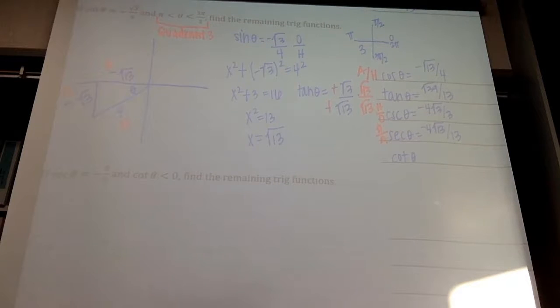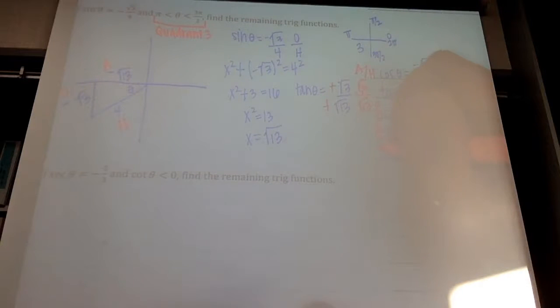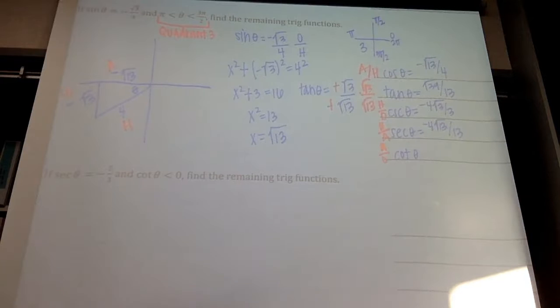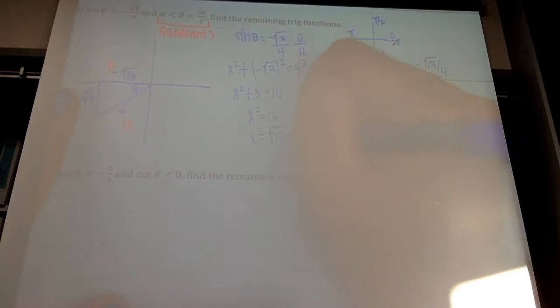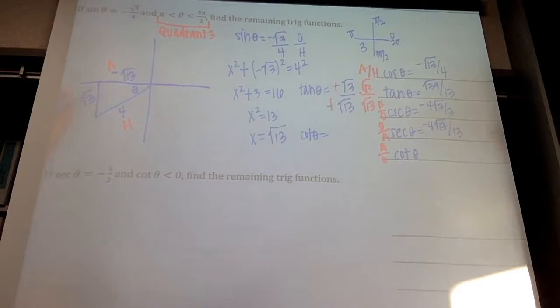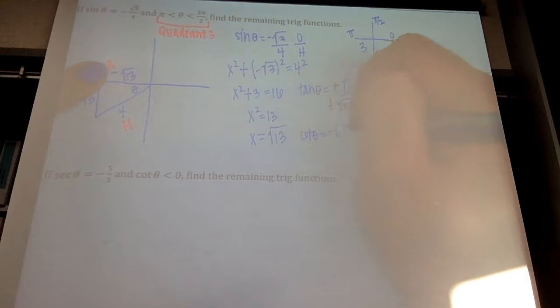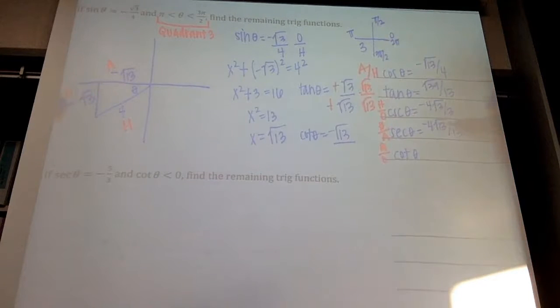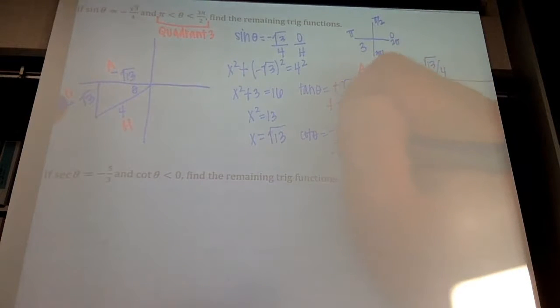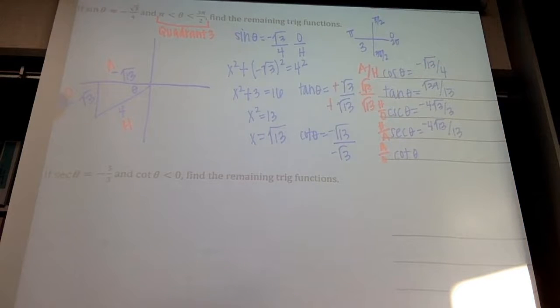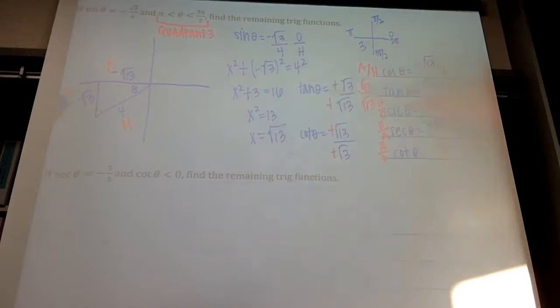And then cotangent. Cotangent is the adjacent over the opposite. To find that, it's really similar to tangent, obviously. It's going to be the adjacent, so negative rad 13, over the opposite, so negative rad 3. First, of course, my negatives become positive, and then I need to rationalize the denominator.